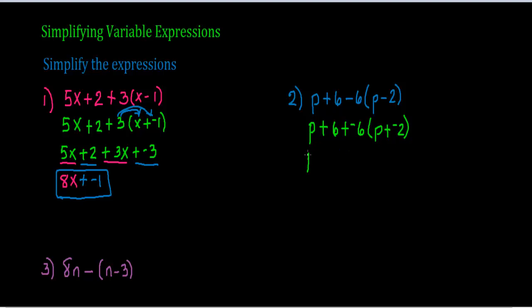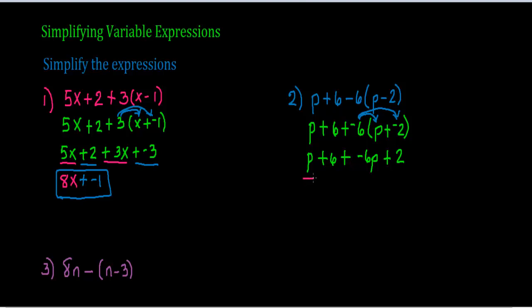So this becomes p plus 6 plus, and now I start multiplying. Here I have negative 6 times p, that gives you negative 6p. And then negative 6 times negative 2, that gives you positive 2, right? Plus 2.